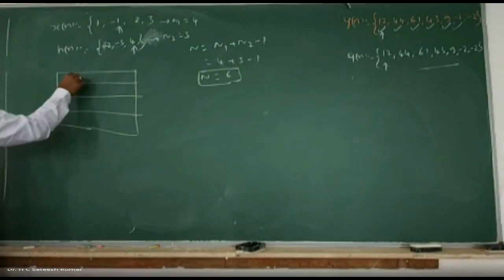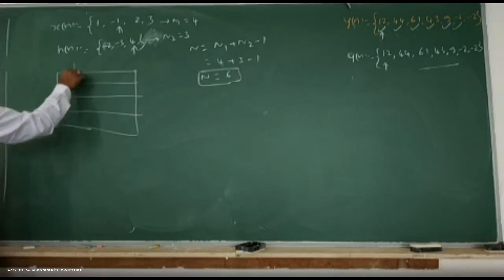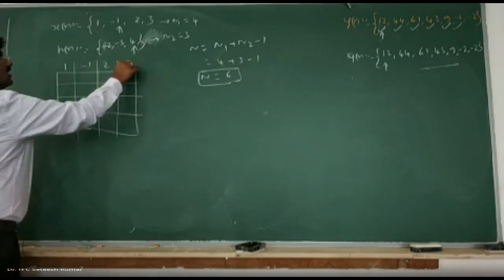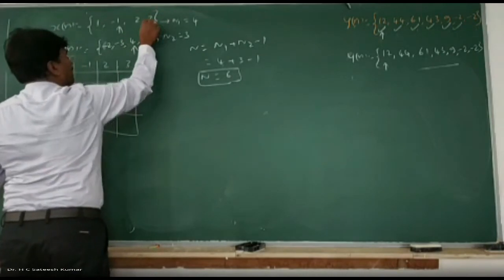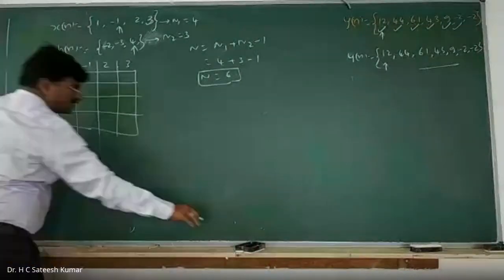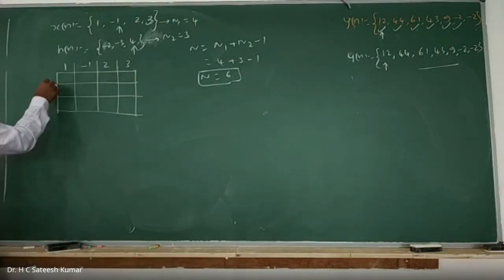Now, what can you write here? 1, minus 1, 2, 3. This is your 3. Okay, right. So here we have only 3 elements: minus 2, minus 3, 4. Multiply it.